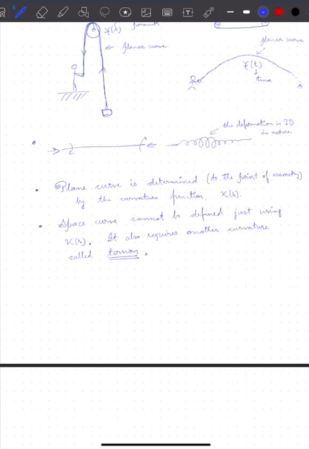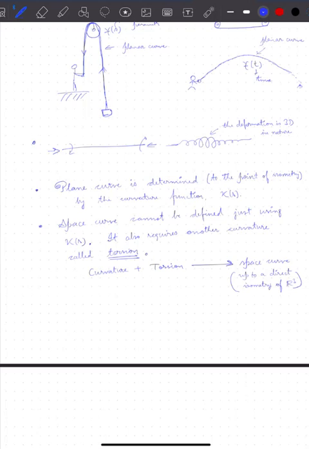What it implies is that curvature, the one that we have understood so far, plus torsion results in a space curve, up to a direct isometry of R3.